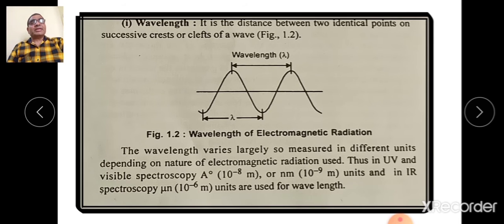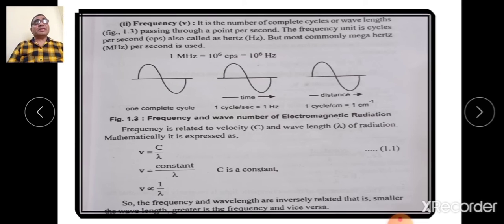The next parameter is frequency. The frequency is denoted by letter nu. The frequency is the number of complete cycles or wavelengths passing through a point per second. I am showing here, this is the one cycle. Thus, how many cycles are passed.